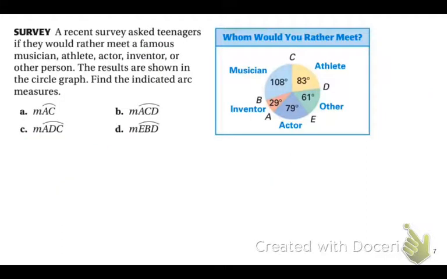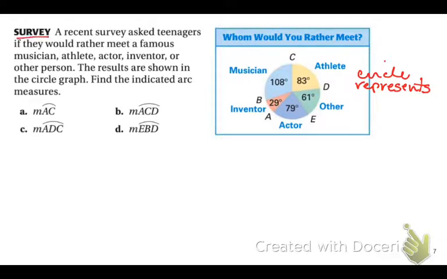Okay, so this is a little bit of application. This is called a circle graph, and many of you may have seen this already. The circle represents the whole.